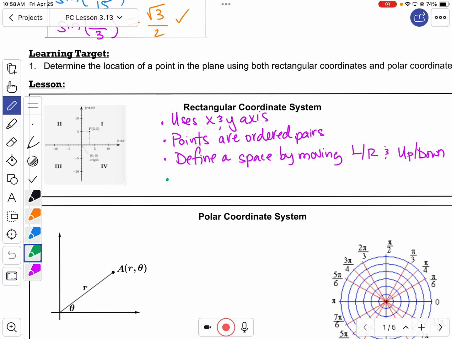It's also referred to as a Cartesian plane. That's just the guy who figured it out. It's like naming the pew at church. All right, I paid for this pew. So that's what we've been doing for a long time. Those are the coordinates that we've been using for a long time.